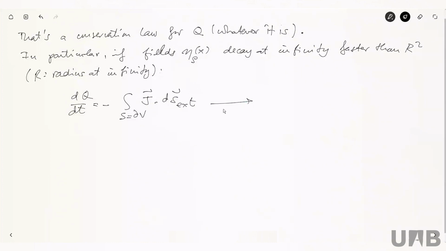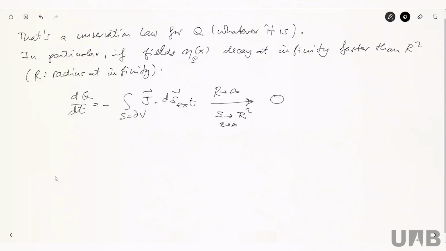But since the surface goes like r squared when r goes to infinity, then if the fields decay at infinity faster than r squared, this thing goes to 0 when r goes to infinity. So in this case, Q is actually conserved, doesn't change with time.